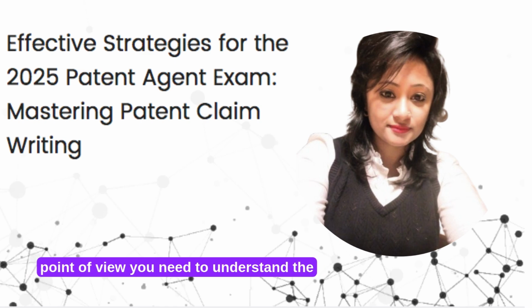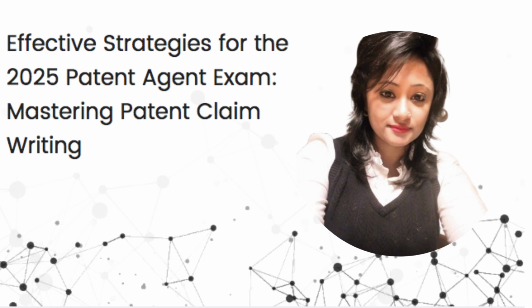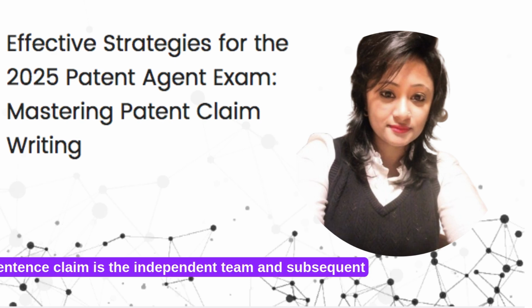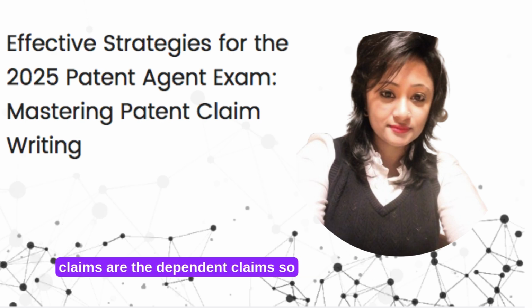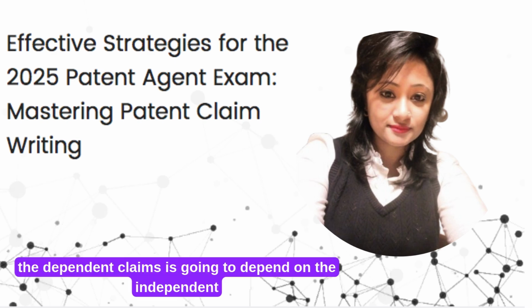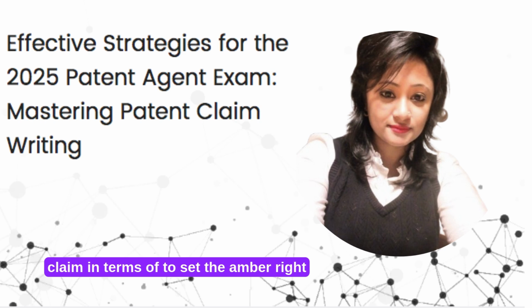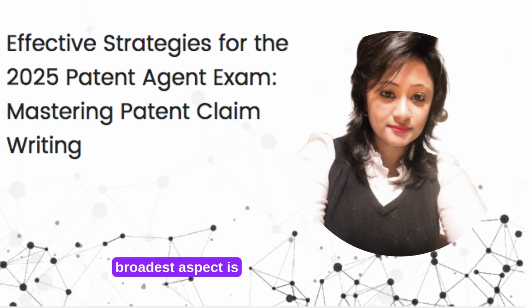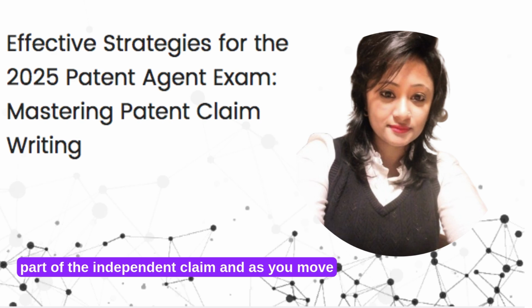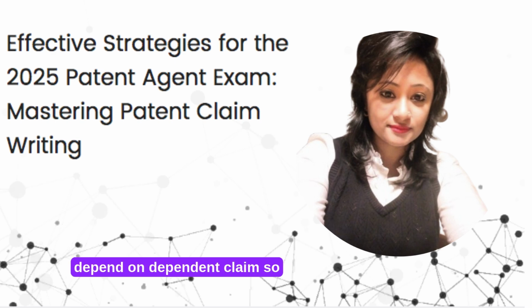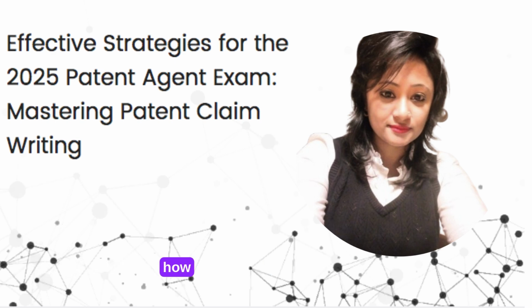From the examination point of view, you need to understand the first claim is the independent claim, and the subsequent claims are the dependent claims. The dependent claims depend on the independent claim, to set the ambit right. It's like a funnel. The broadest aspect is part of the independent claim, and as you move down to number 2, number 3, the claims depend on the dependent claim, or they might depend on other aspects.